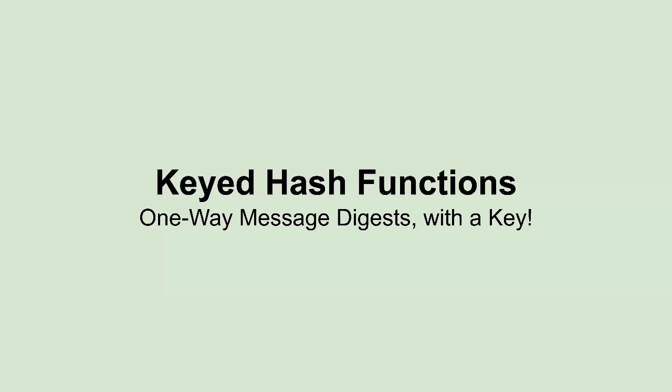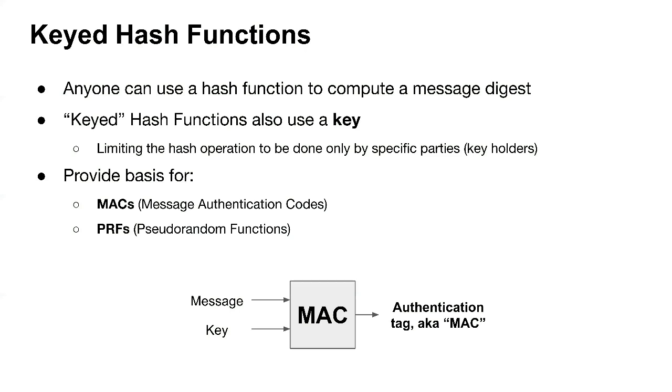So we have keyed hash functions, which are the next step in security past hash functions. In the past category, anyone can use a hash function to compute a message digest. I could do it, and then I could have you do it, and we'd get the same message digest, which is exactly what it's designed to do. The keyed hash function is a hash function, but it also takes a key as an input.